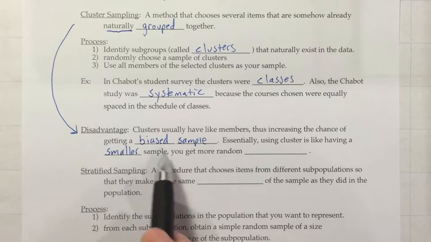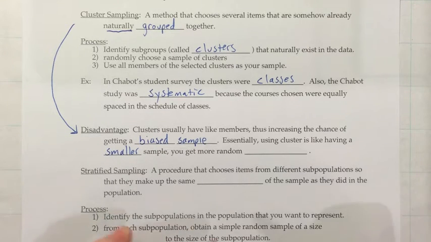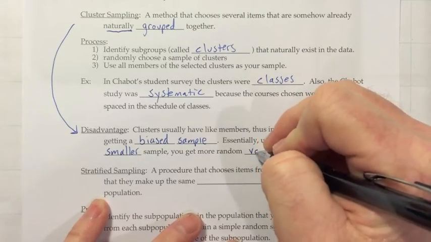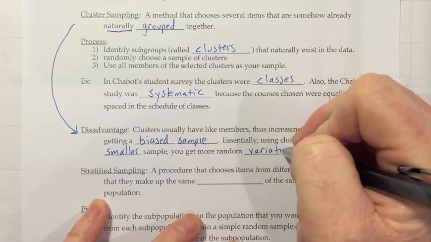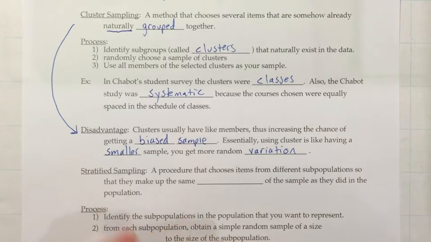That smaller amount of random choices creates more random variation in our data. And when there's more random variation, you tend to have larger amounts of sampling error. So we get a bit of a disadvantage from cluster sampling. If for some reason we have to choose in clusters, we should probably go with a bigger sample size than we would normally have chosen, to try and end up making more random choices and squeezing out that random variation a bit.